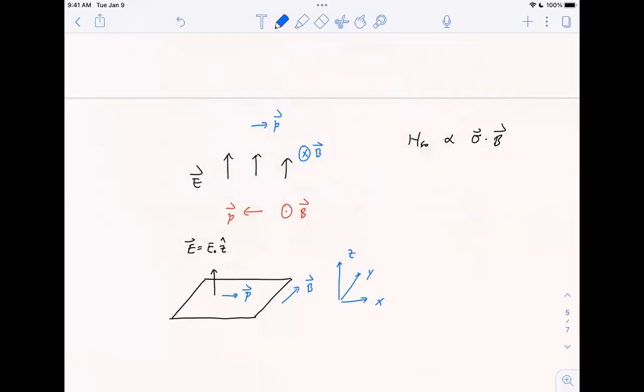Okay, so when you have a field that is in the Z direction, the momentum is in the X direction.